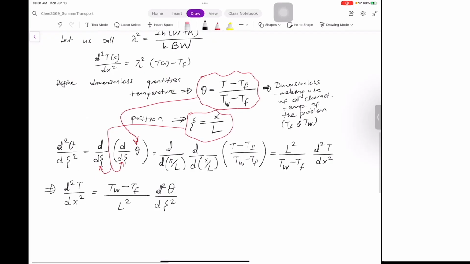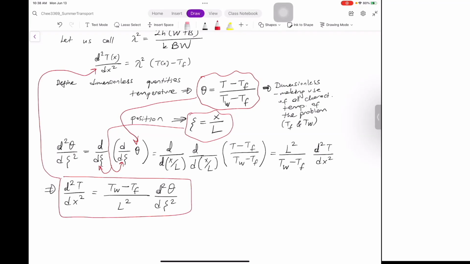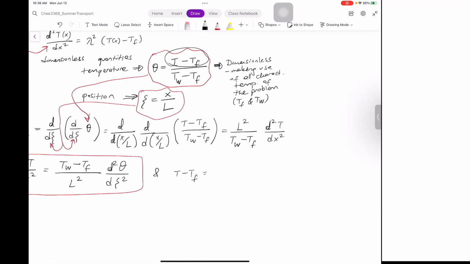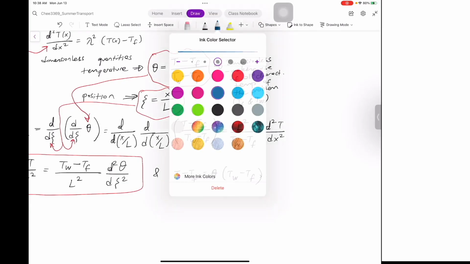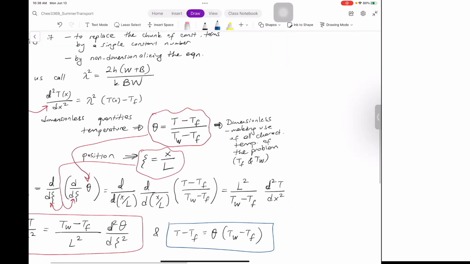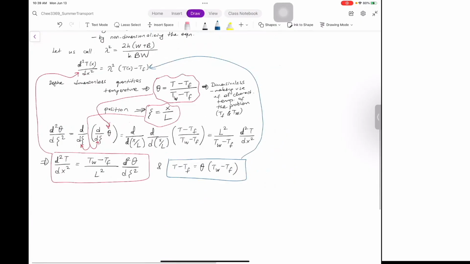Okay. Now you can replace this thing over here. But what about this one? You should also replace T minus TF, and T minus TF is nothing but, from here, theta times TW minus TF, right? And you can actually plug this in here. Then you would get the following.